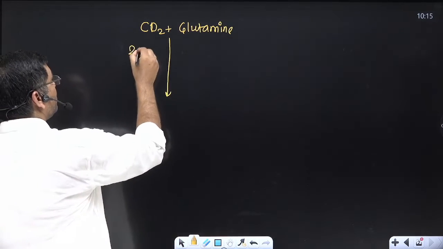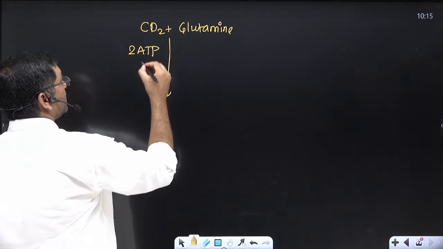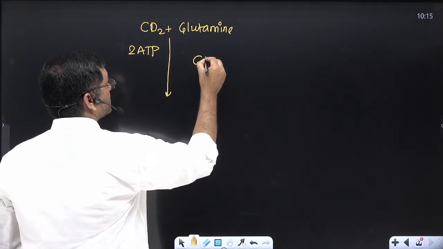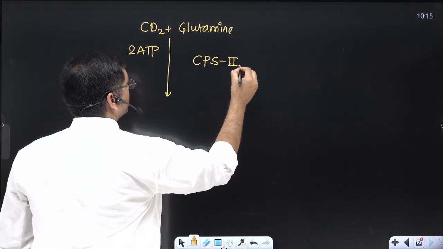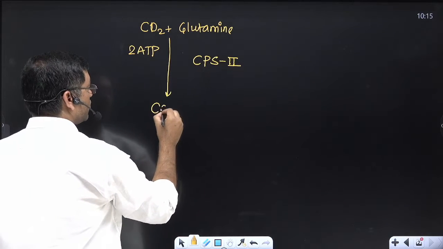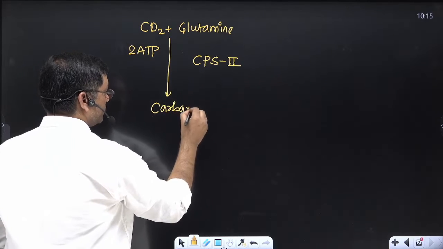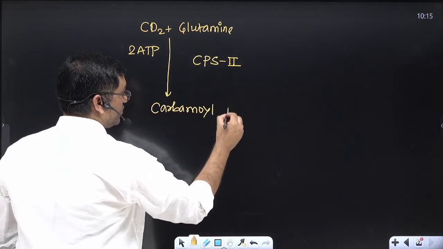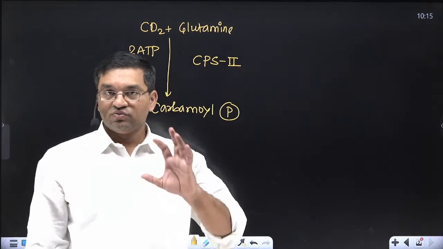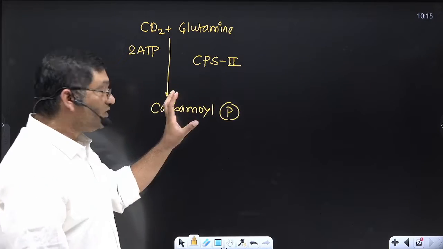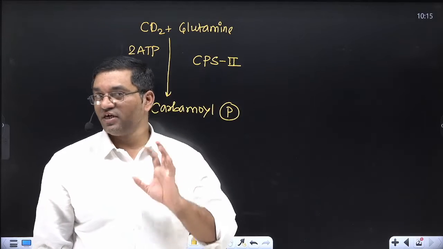So 2 ATPs are required in this reaction catalyzed by carbamyl phosphate synthetase 2, and synthesis of carbamyl phosphate occurs. This is the first difference between CPS1 and CPS2.